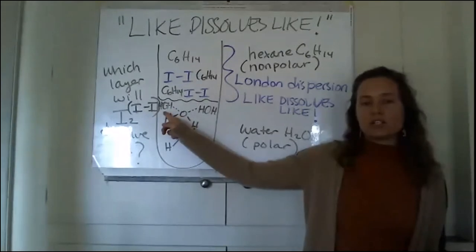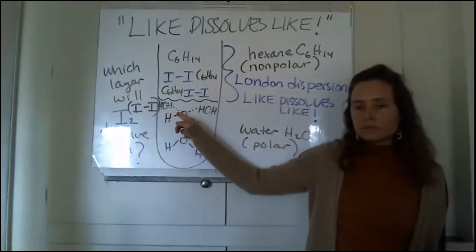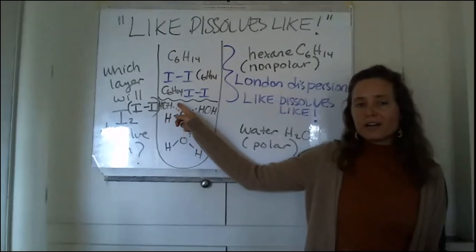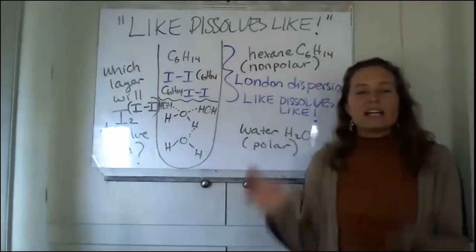That's an HOH for water, showing the hydrogen of water hydrogen bonding to the oxygen. Here? C6, yeah, C6H14. Thank you. Cool. All right, so that is like dissolves like.